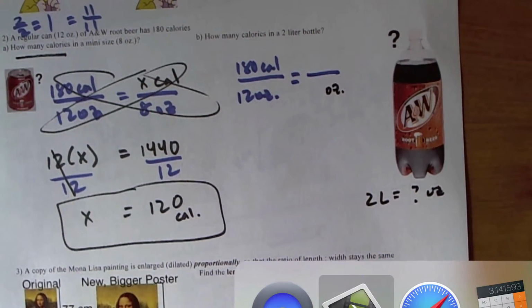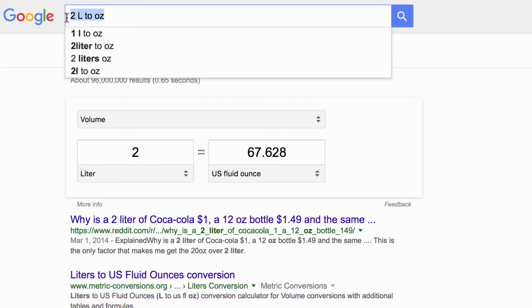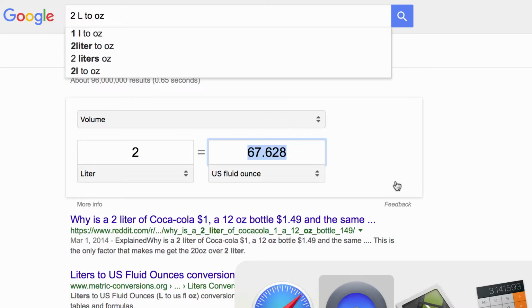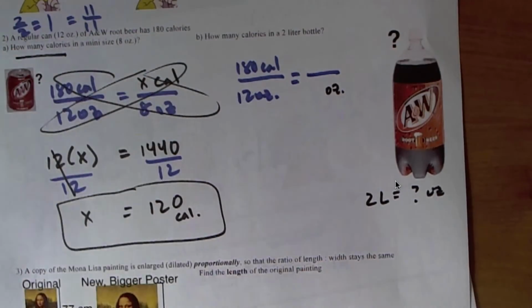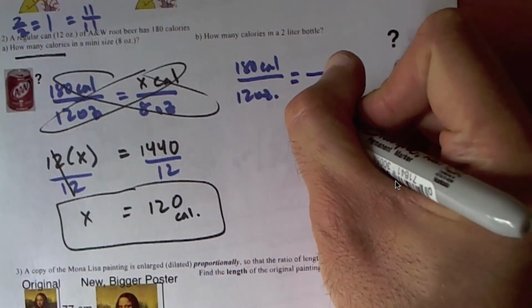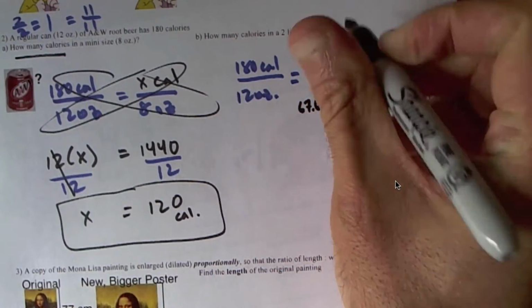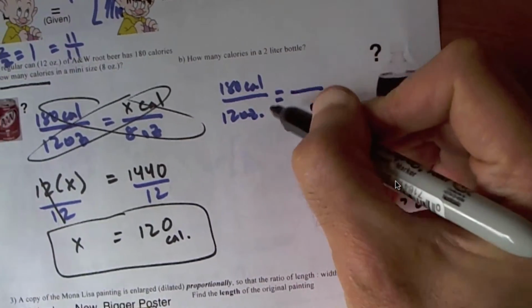And Google is so nice for us, we can just type it in. 2 liters to ounces, and that tells us about 67.628 ounces. So let's go ahead and write that down. 67.628.